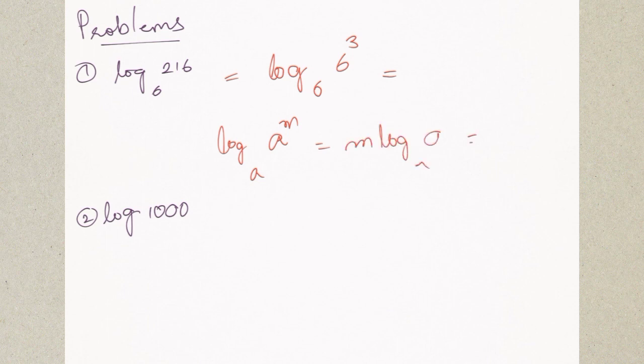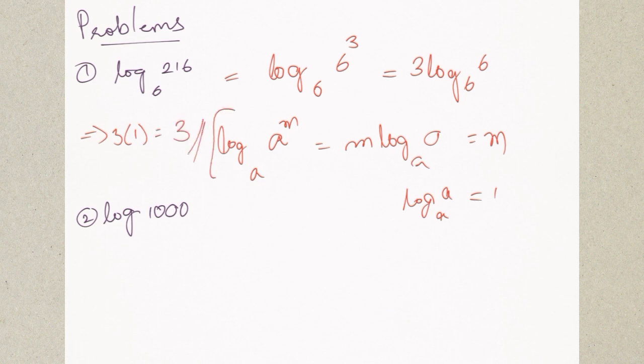The answer is directly m. We know this law. So the answer is directly 3, but for your clarification, as we are new learners, we will do it this way. We all know that log a to the base a is 1. So 3 into 1, the answer is 3. Write whatever we have used in brackets. I will be erasing this because I need some space.